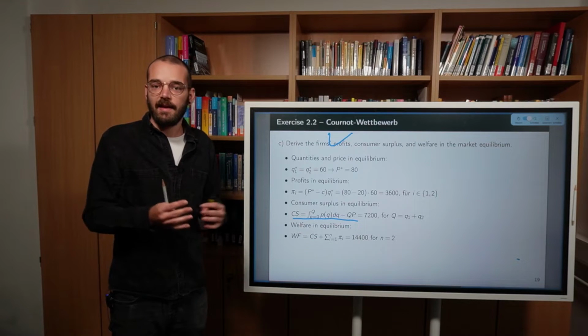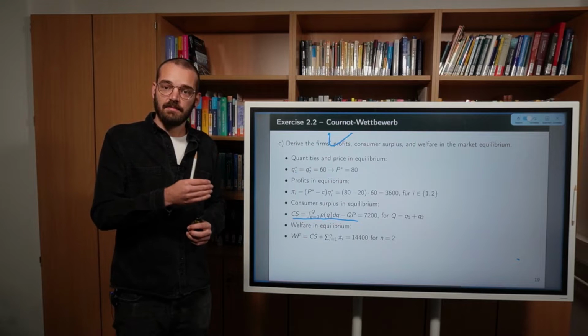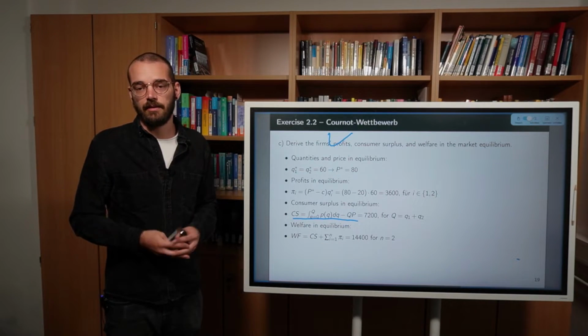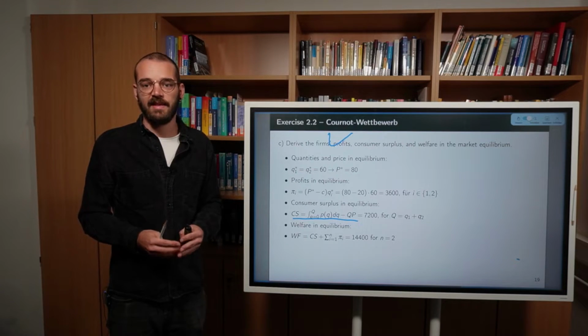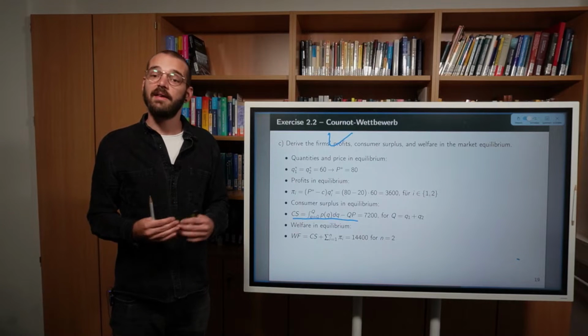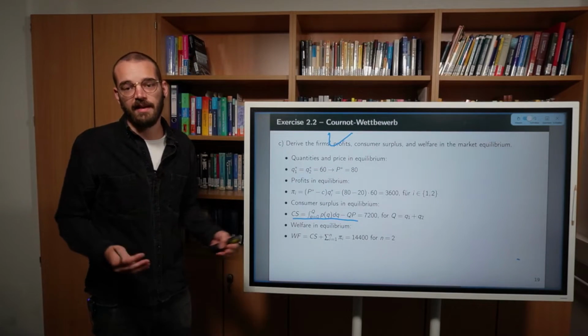Of course, as we discussed last week already, in this case, as well as in the previous markets we were analyzing, we again are faced with a linear demand function. So this area below the demand function and above the market price is a triangle, and we can simply calculate the area of the triangle.